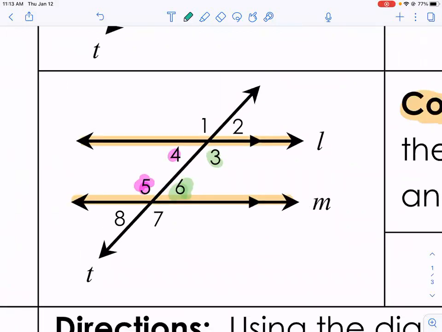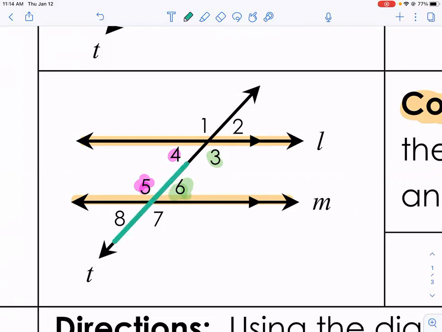Give me an angle that angle 4 is congruent to. Angle 8. Okay, angle 4 and 8 are congruent because they are corresponding. Okay. Now, what's true about 5 and 8? Specifically, what do they add up to be?